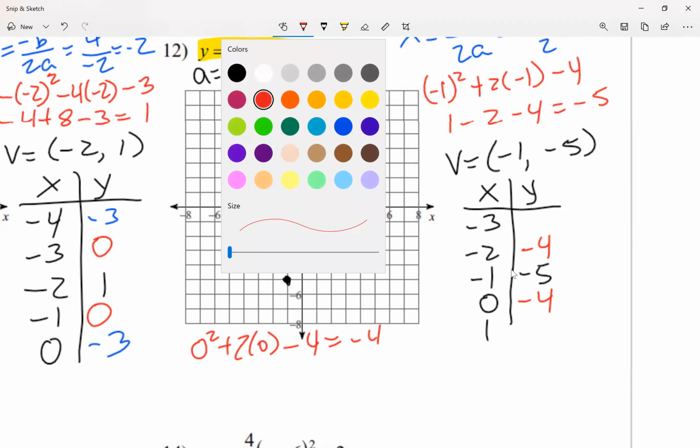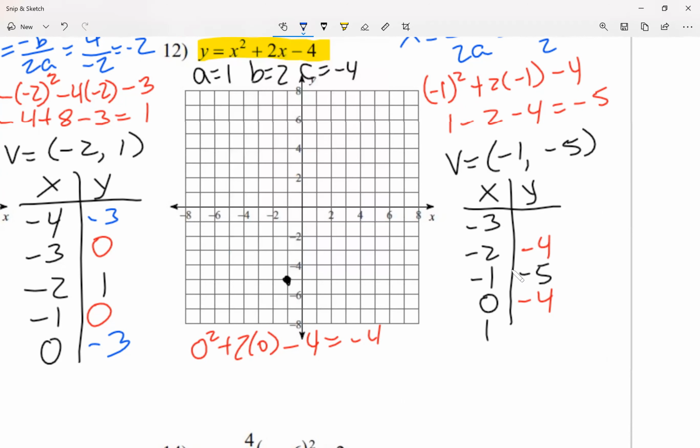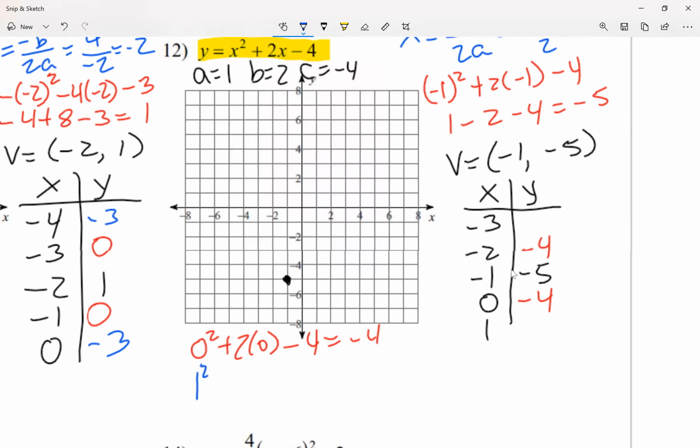Now, for the other values, I can choose X equals -3 or X equals 1. I'm going to choose 1. So 1 squared plus 2 times 1 minus 4. So I get 1 plus 2 minus 4. That's -1.